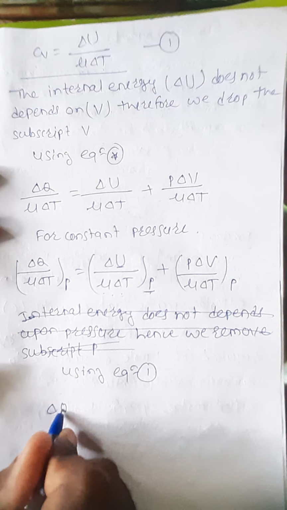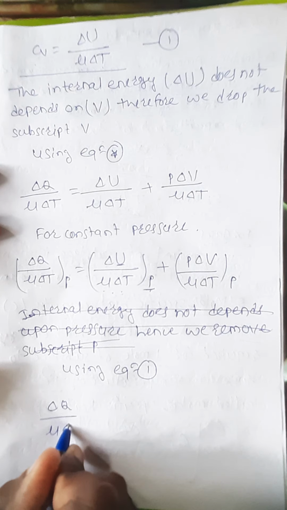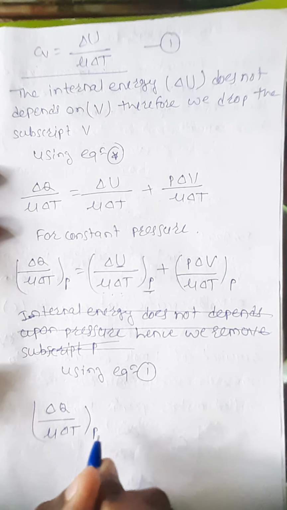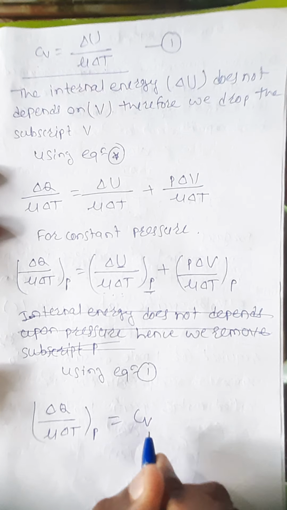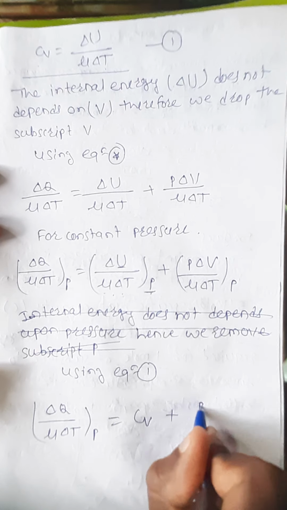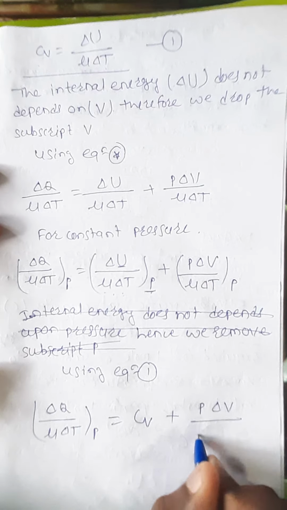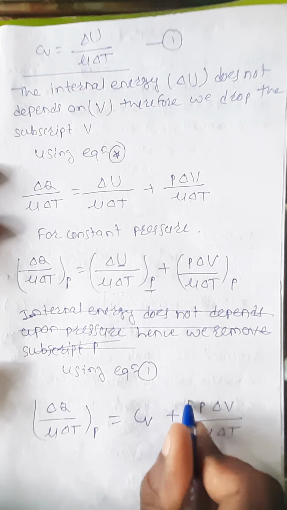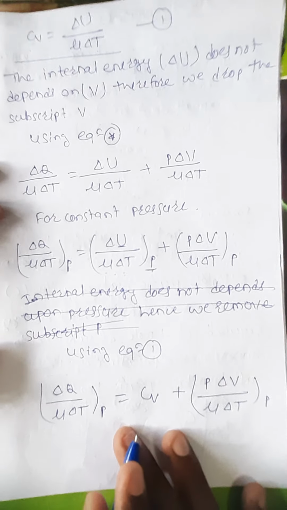Therefore delta Q divided by mu into delta T at constant pressure is equal to Cv plus P into delta V divided by mu into delta T at constant pressure.